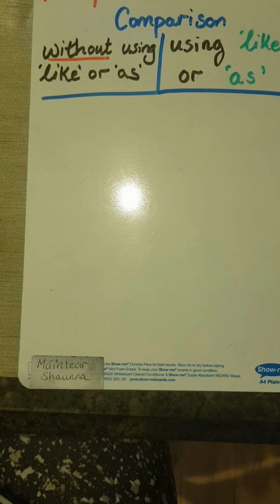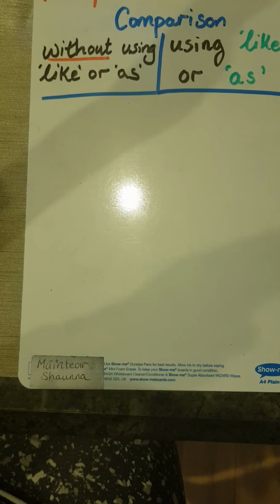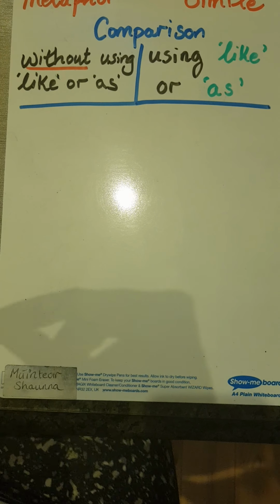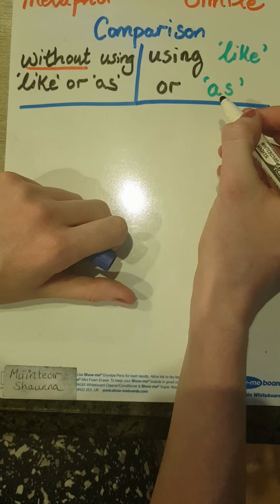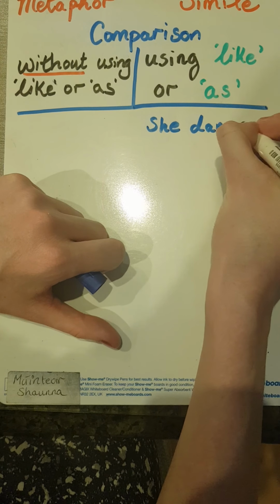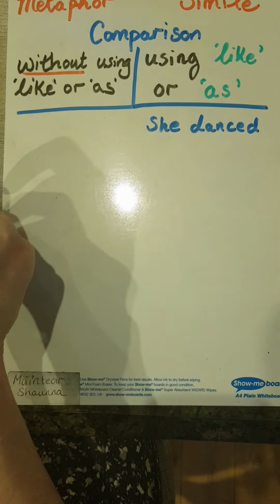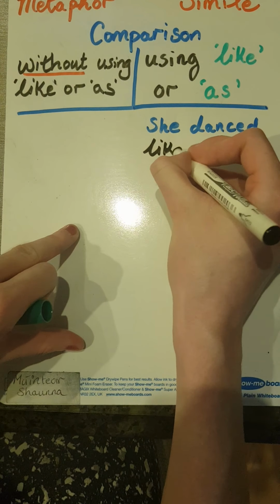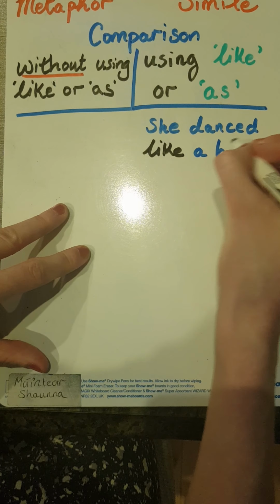So I'm going to start off with the simile, okay? Because I just think it's a bit simpler. So an example for like might be, she danced like a ballerina.